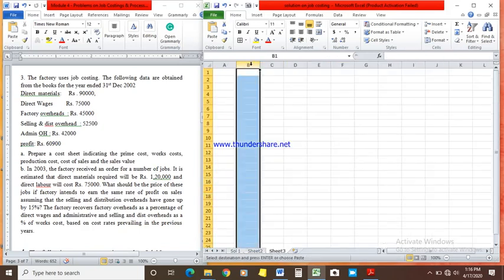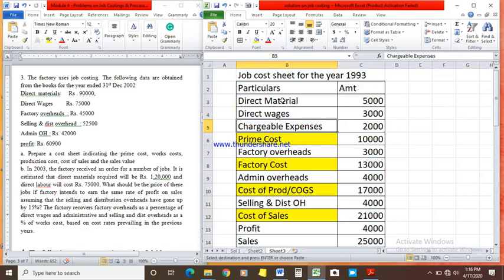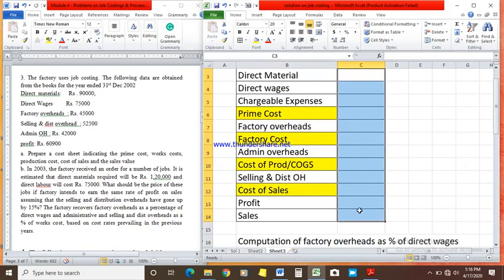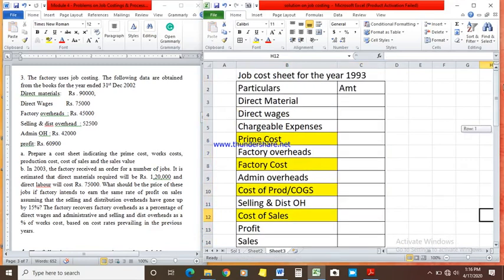I'll copy and just paste it. So this is the solution for the third problem. Job cost sheet for the year, I'll just change this one, 2002.